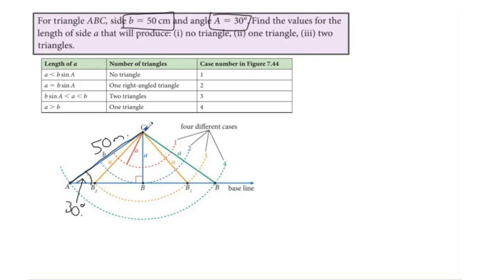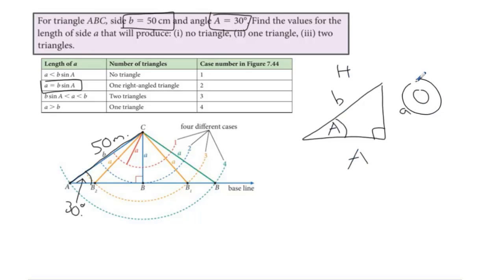Right, so the possible number of triangles that can result depends on the length of side A relative to B and relative to B sine A. A equaling B sine A would mean you have a right-angled triangle.